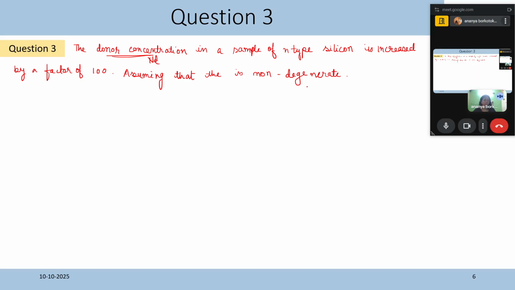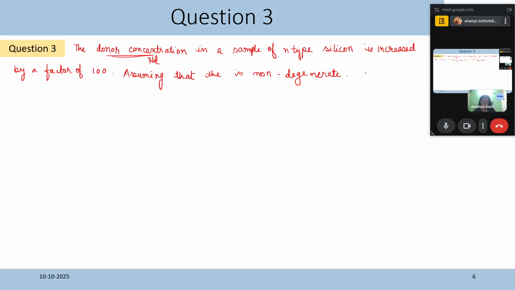The doping concentration is actually lower, roughly not comparable to the density of states. So we are considering that it is a non-degenerate semiconductor. That means all the equations that we have discussed are valid, and the donor concentration is increased by a factor of 100.